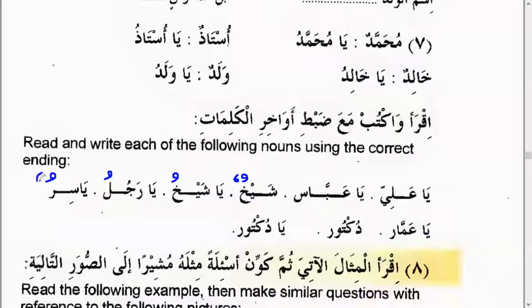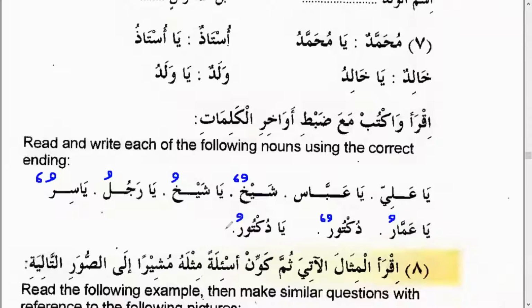So this should be Yasirun, right? Naam. This is a name. It's not like you're calling someone. This is just a name. Yasir. Ya Ammaru. Similarly, Dukturun, doctor. Tanween, doctor. Ya Dukturu. Okay, inshallah ta'ala.